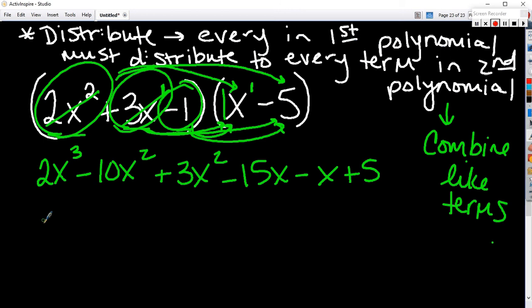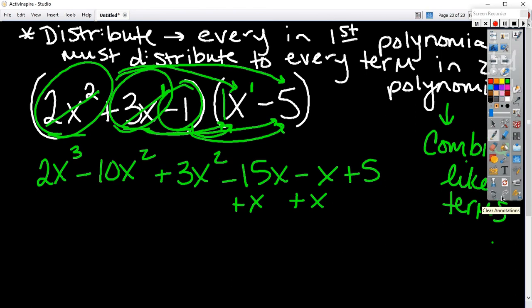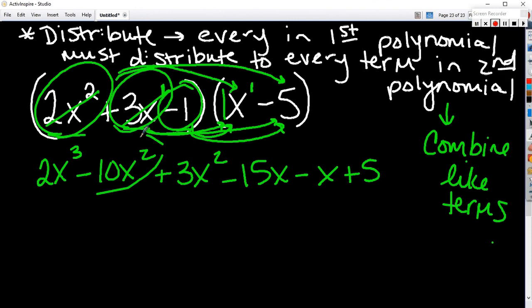You're not solving. You're not moving it from one side to the other. You're just putting them together. That's whenever you're crossing over an equal sign. There's not an equal sign here. So this is really like where I'm just circling what goes together and combining them.